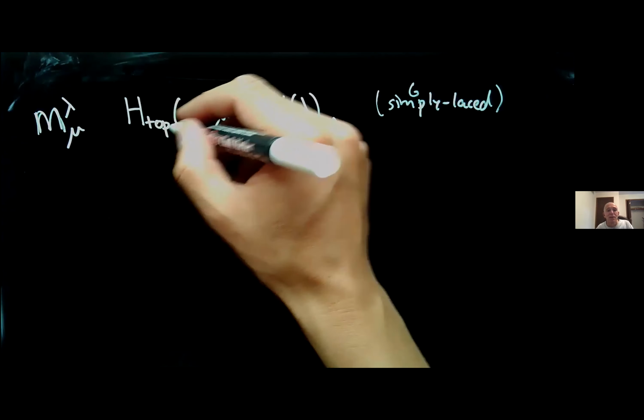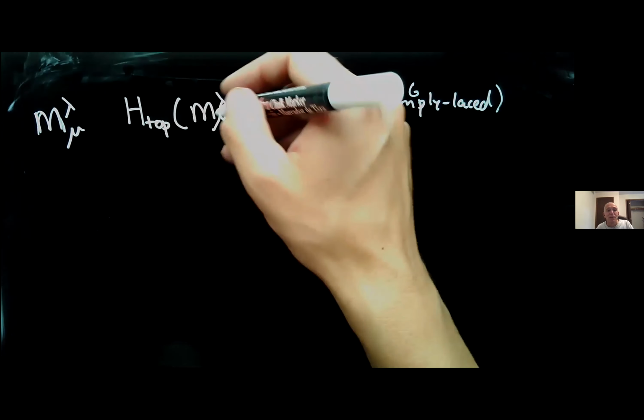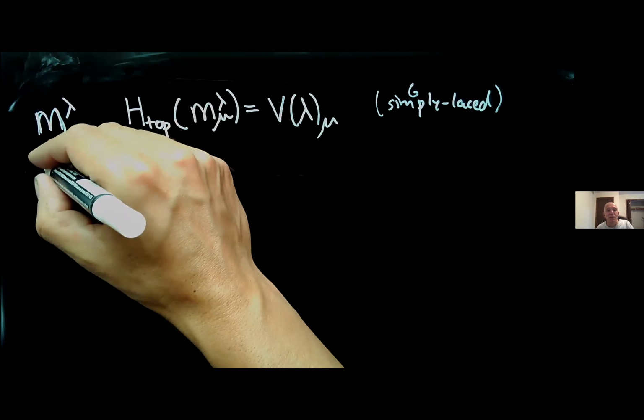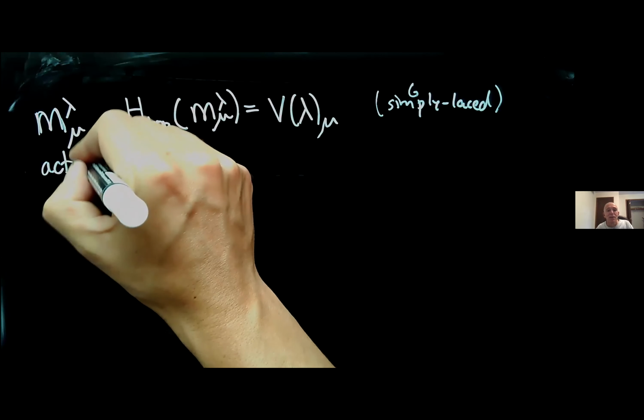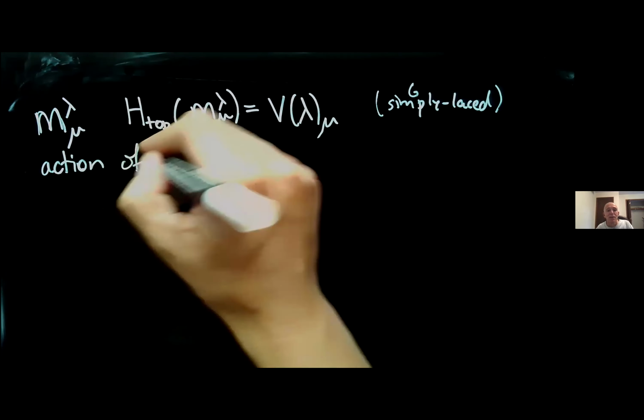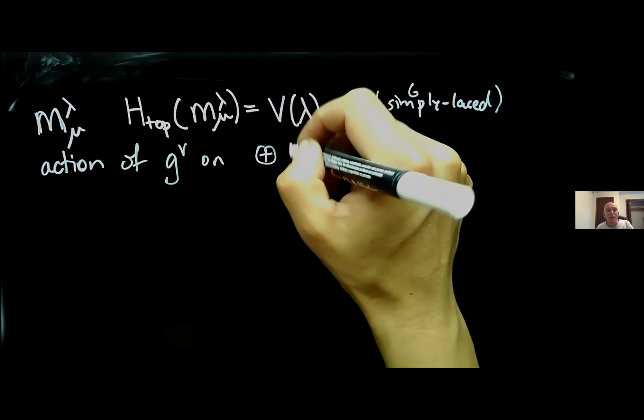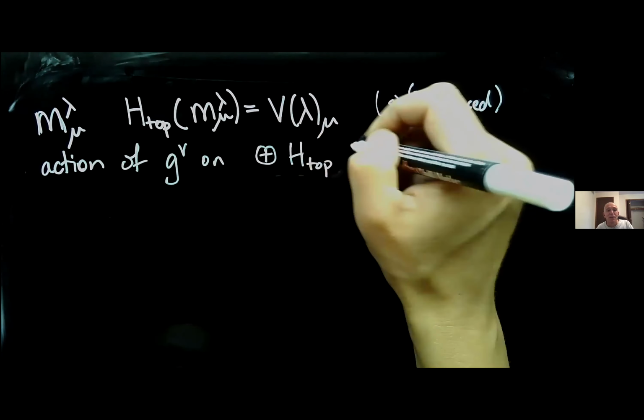And not only is its homology isomorphic to this, but in an explicit way, in that Nakajima constructed an action of this G check on the direct sum of these top homologies of these varieties.